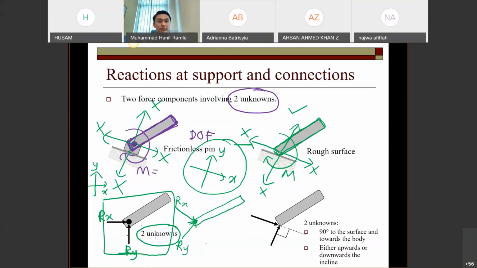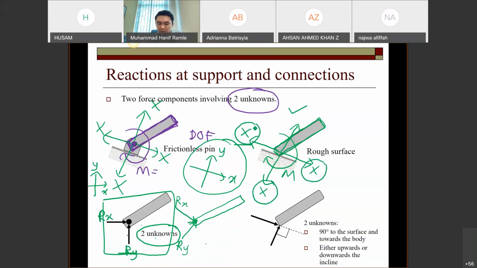Do you agree with me? Do you understand? Guys, do you understand about this one? Rough surface? Yes, doctor.